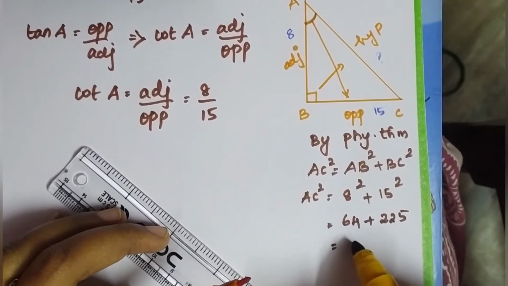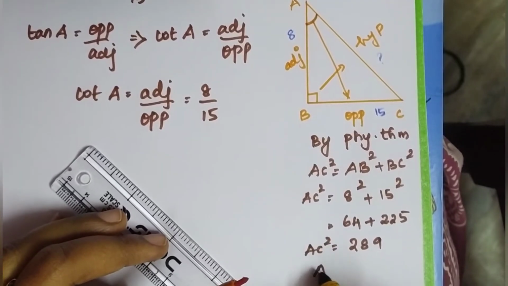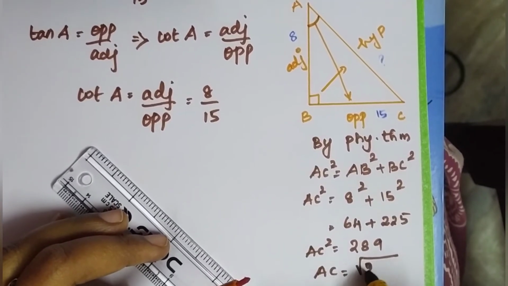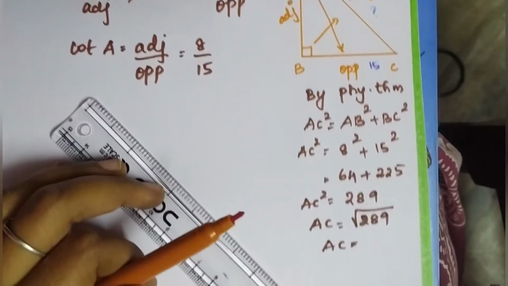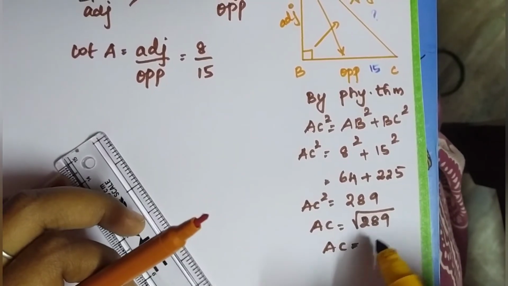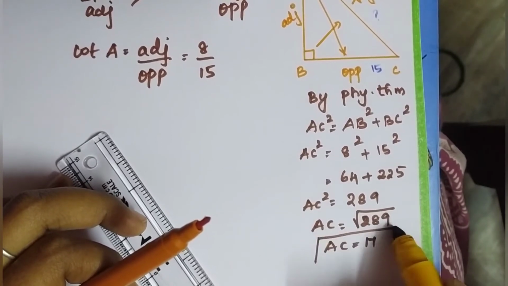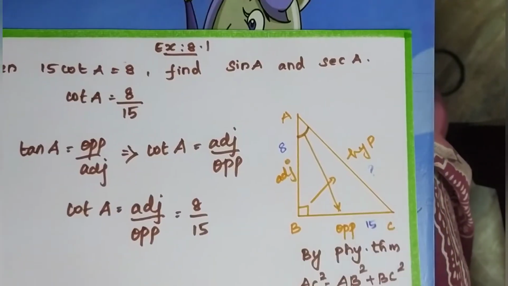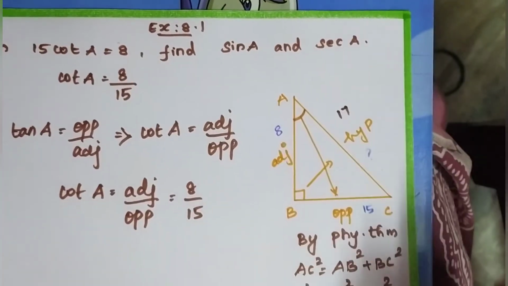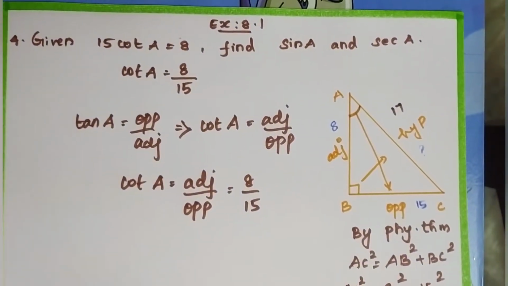If you add, you will get 289. Shift the square, and AC is equal to the square root of 289, which is 17. So AC is equal to 17, that is, hypotenuse is equal to 17.